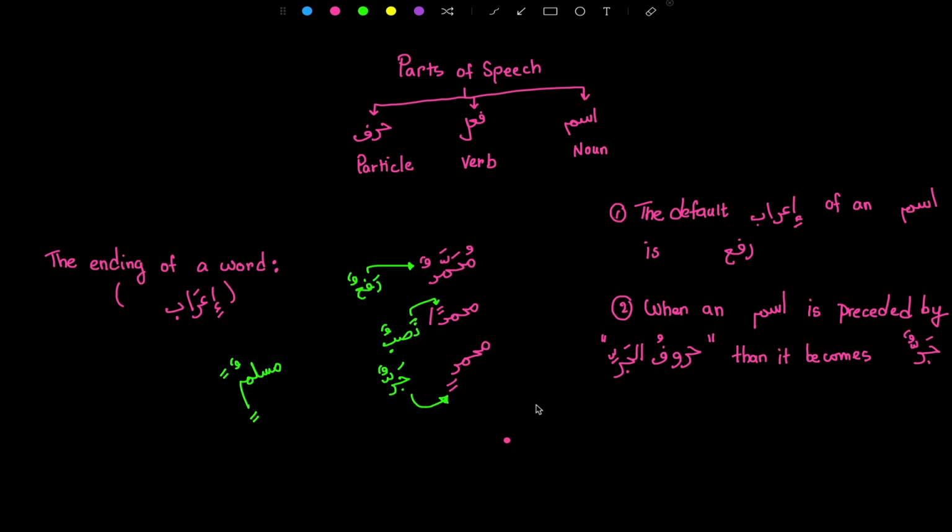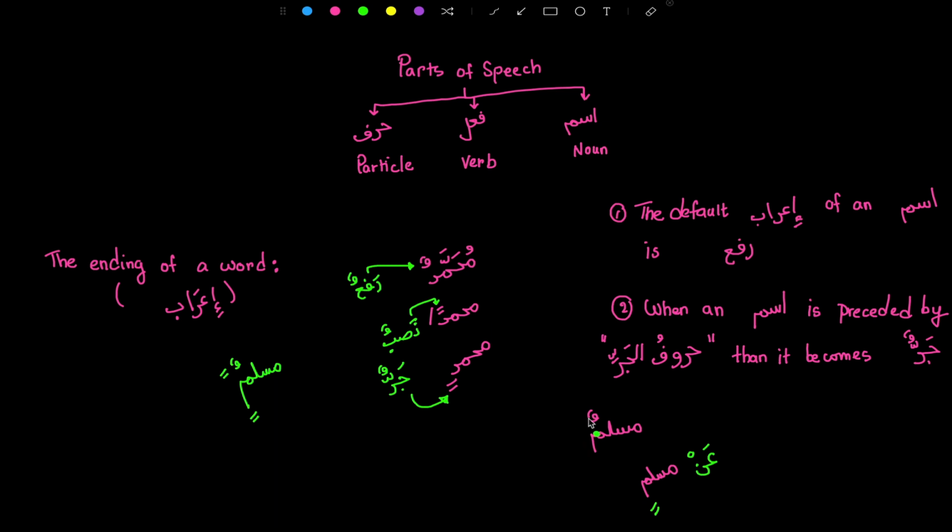So what do I mean by that? I'll give you an example. Say I have the word muslimun. The default, as we learned, is rafa, so this one will be rafa. Now if I bring the harf, say for example an, an is a particle which makes the ism that comes after it jar, so an muslimin.